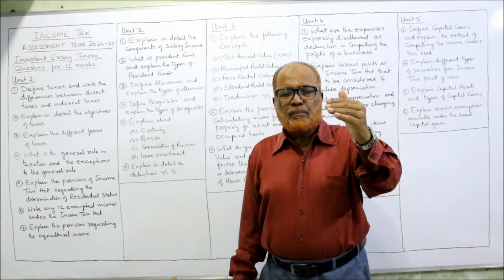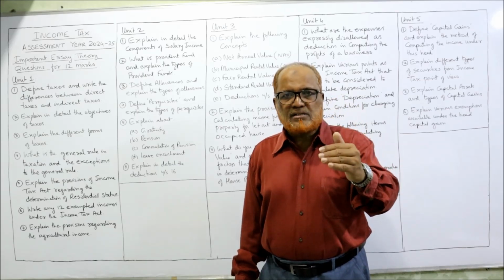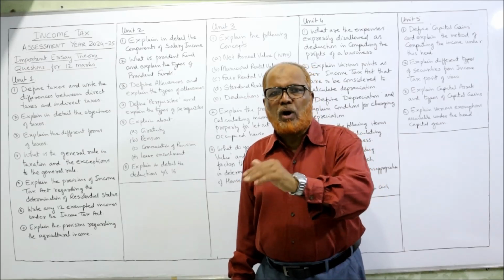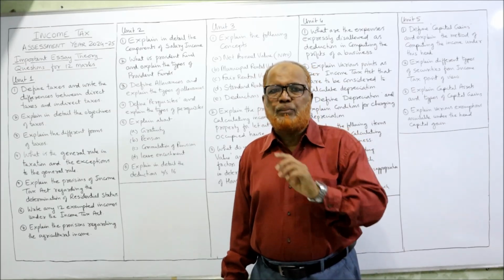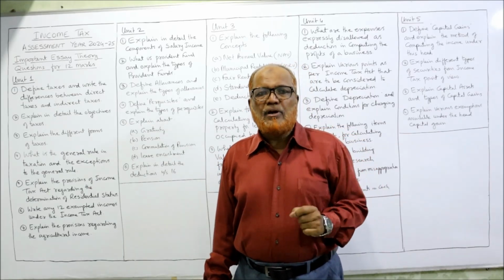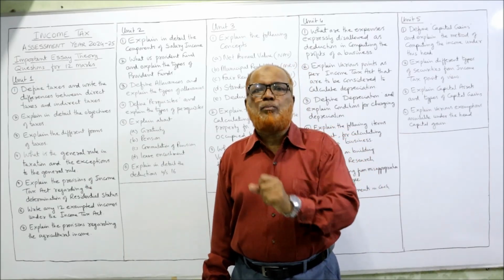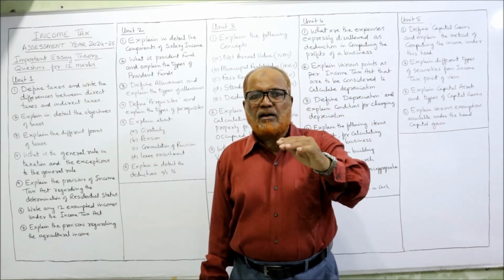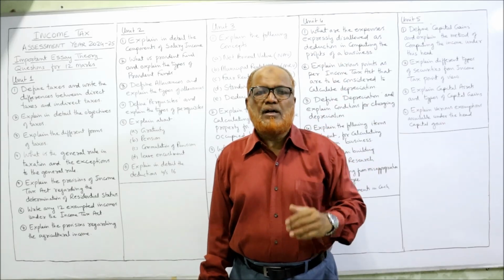Basic salary plus bonus plus fees plus commission plus employer's contribution to RPF in excess of 12% of salary. Similarly, interest credited in RPF if the rate of interest is more than 9.5%. So these are the items that will be taken under basic.